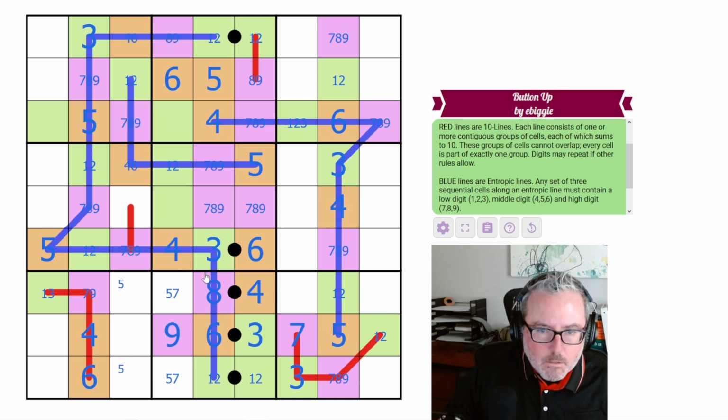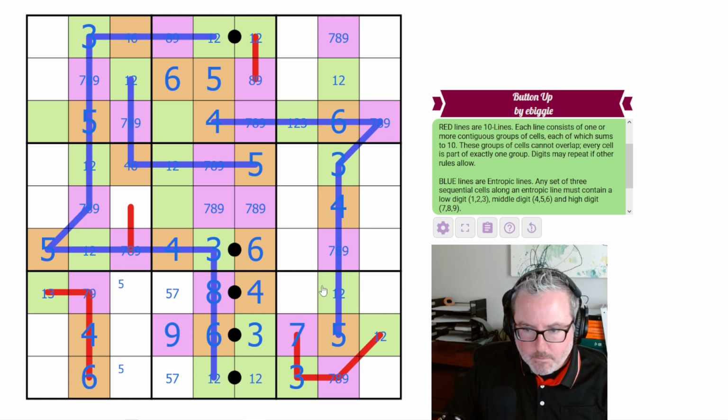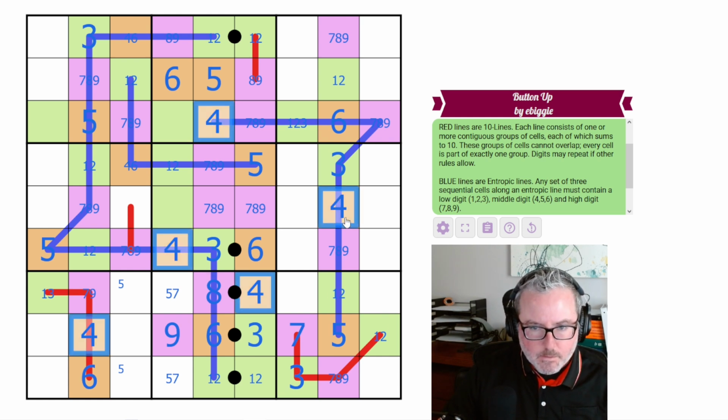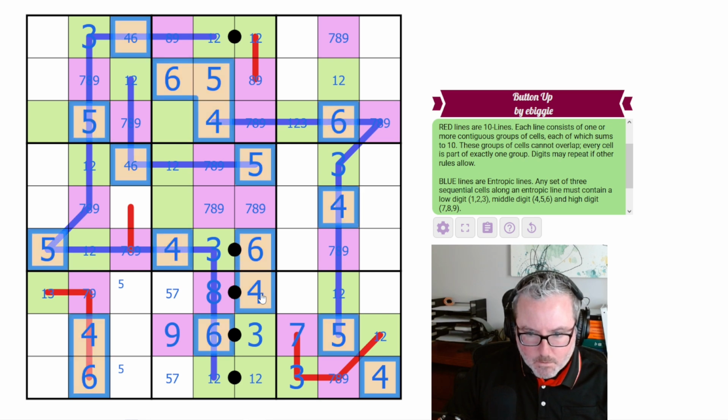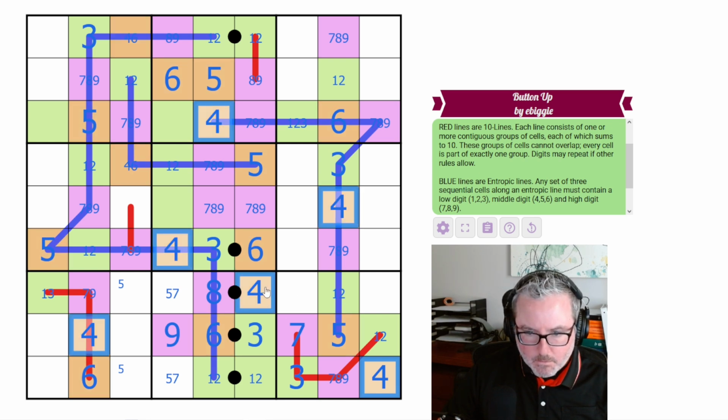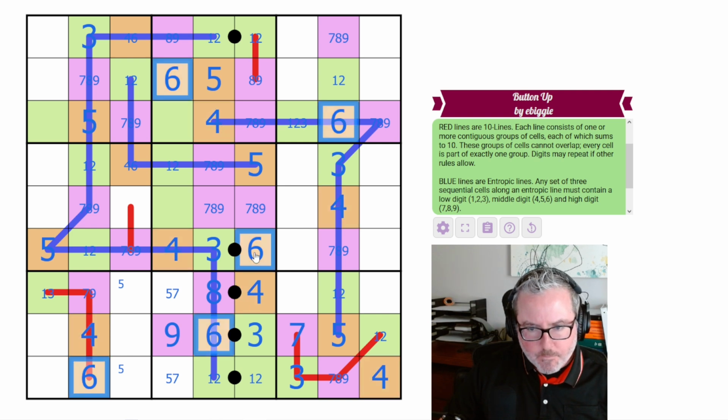What are we missing in terms of 4s and 6s? Okay, so this has to be a 4, and it's a mid. Not that, this one. What else can we say? Don't think I see anything else with the 4s at the moment.